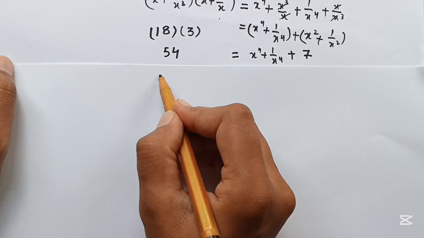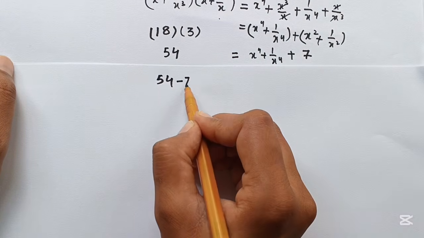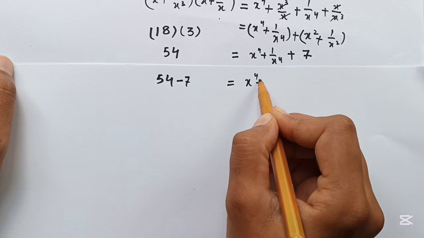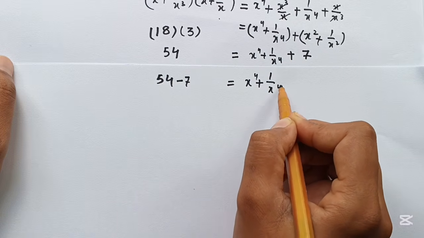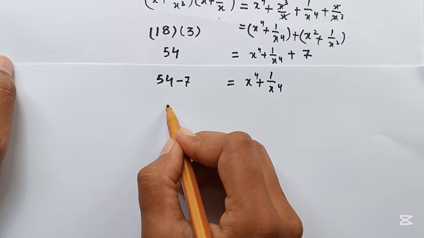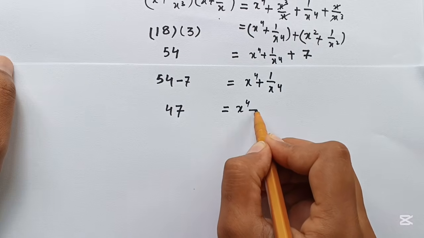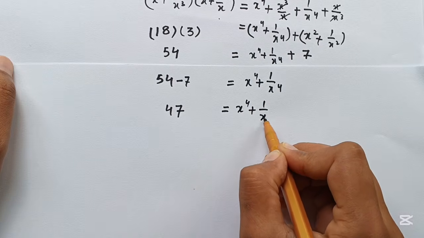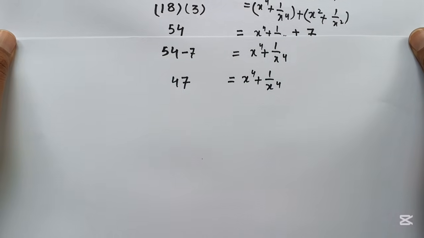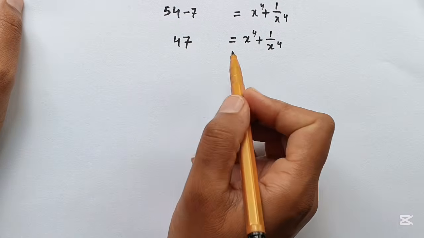So plus 7 shifted toward the left hand side of this equation becomes minus 7, and 54 minus 7 is 47, which is equal to x power 4 plus 1 over x power 4. This is equation number 3.